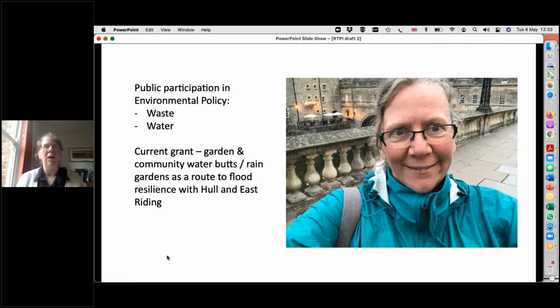My current work is working with the Living with Water Partnership in Hull and East Riding, focusing on how garden and community water butts or rain gardens can contribute to addressing the really severe flood risk management issues they've got in that area. I'm trying to use action research, working closely across disciplines with engineers, community development people and people in the community themselves.